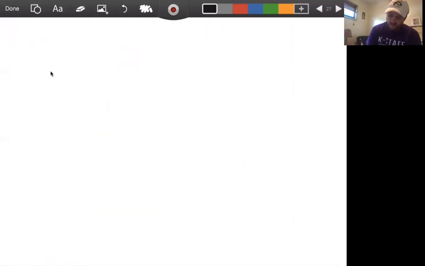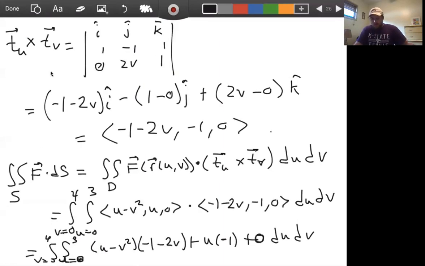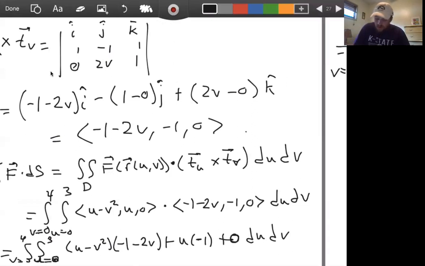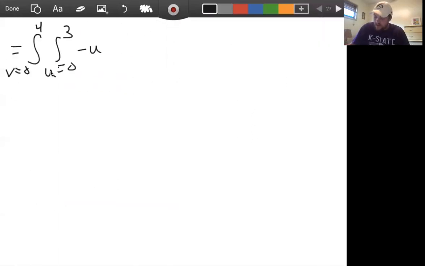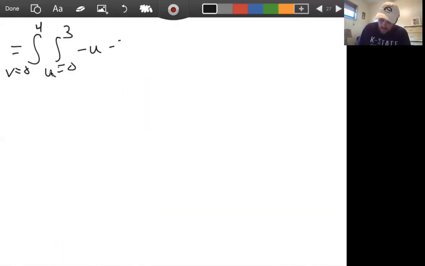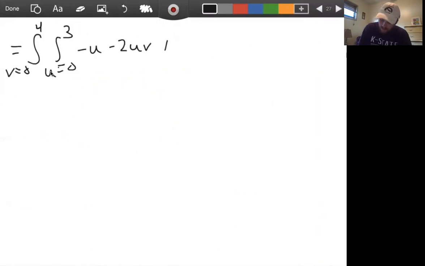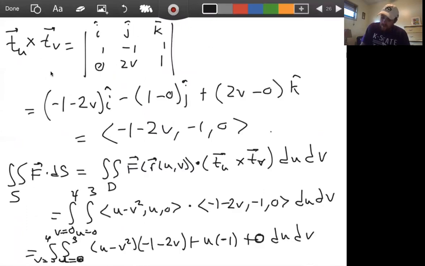We can simplify this a little bit. u goes from 0 to 3, v goes from 0 to 4, and what we'll get is negative u minus 2uv plus v squared plus 2v cubed, and then minus u.